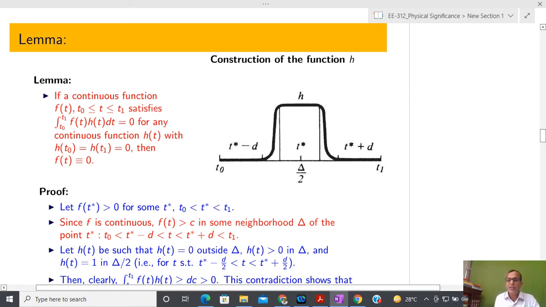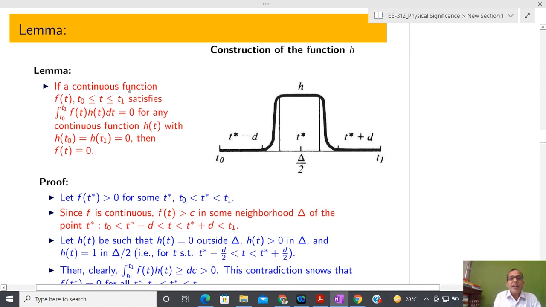What this small result suggests is that if f(t) is a continuous function between t0 and t1, and you multiply it with another function h(t) that has the property h(t0) = h(t1) = 0, and the integral of f(t)h(t) is equal to 0, then I have only one option: f(t) equals 0.